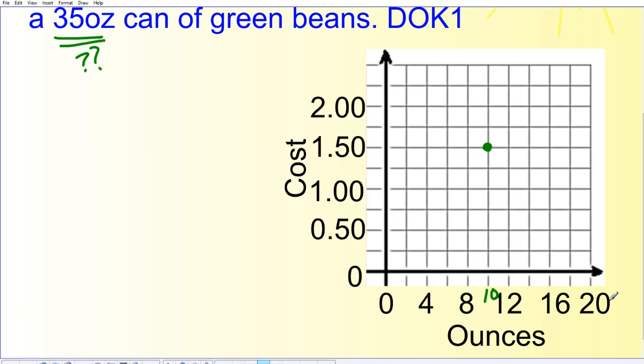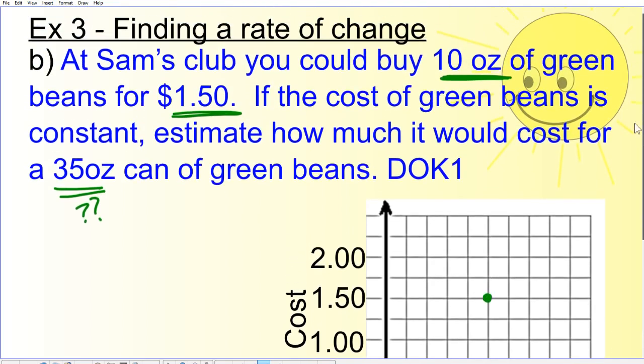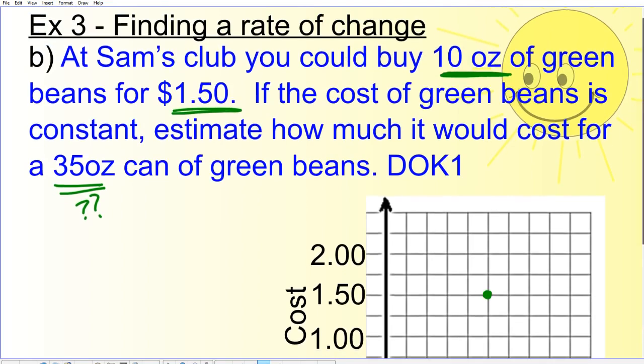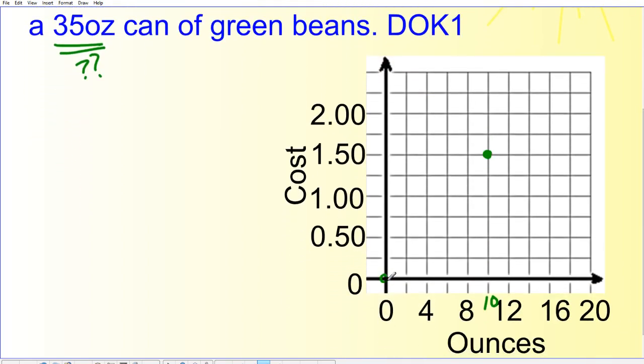Well, I know another point. So, as you could probably guess, this has to do with slope, right? There's another point that I know. I know that this scenario would also go through the point 0, 0.